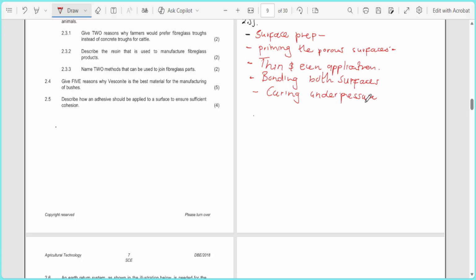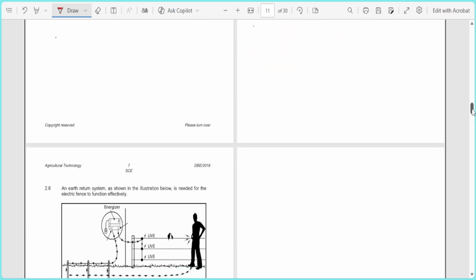This will maintain the intimate contact during the curing process, and eventually prevent air pockets and ensure a continuous bond. So after bonding the two surfaces, they should be maintained in that position so that no air seeps in and compromises the bond between the two bonded surfaces.